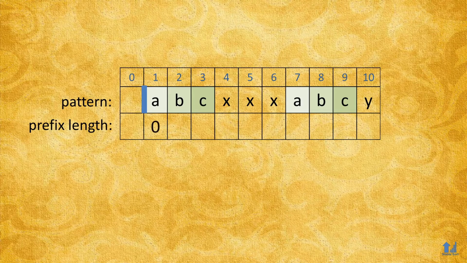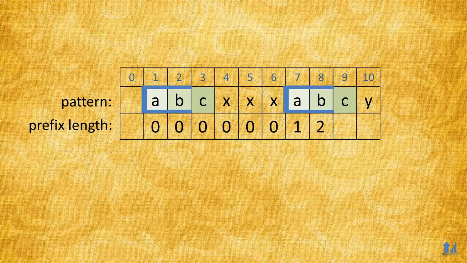For the first character, we define the length of the prefix to be 0. For the second character, B, since it does not repeat the start of the string, the prefix length is set to 0. Same is true for all the subsequent characters until we find another A character. The length of the prefix at that point is 1. The following character B extends the length of the prefix to 2.